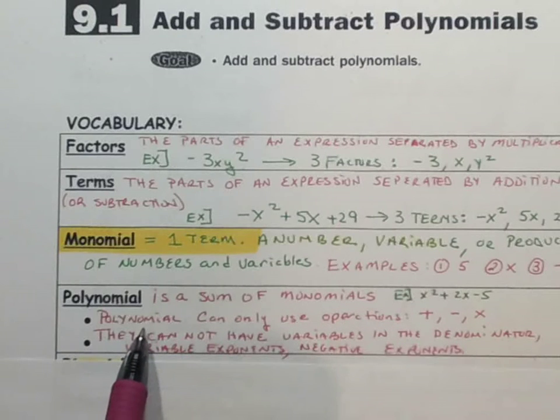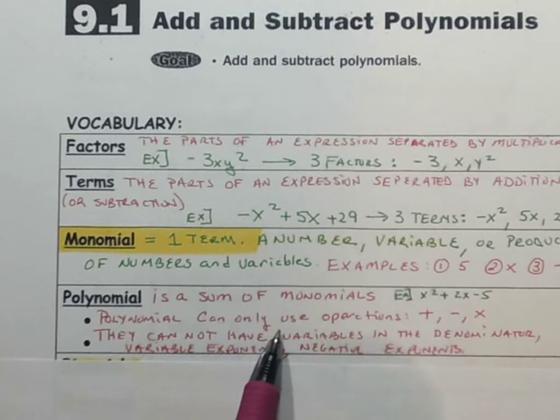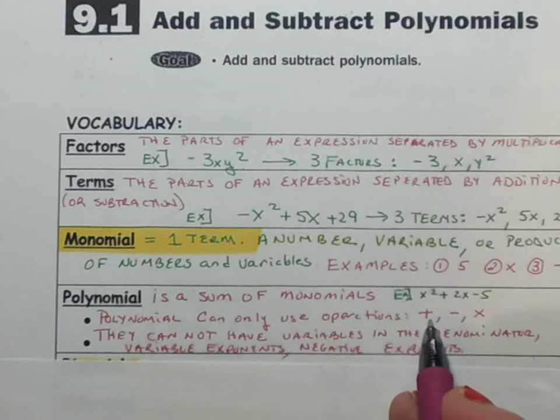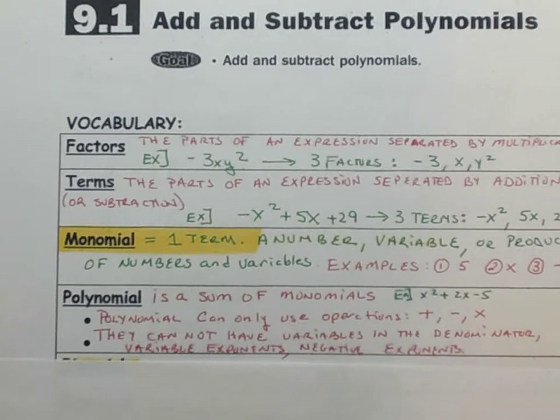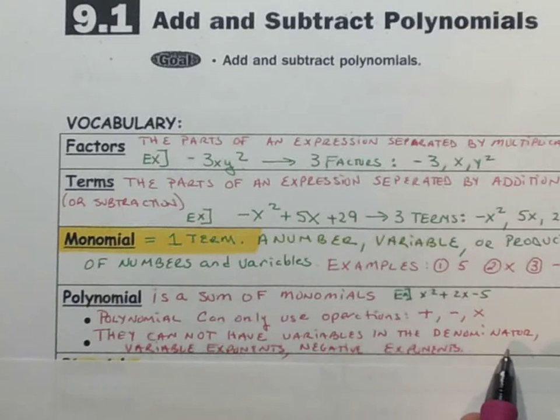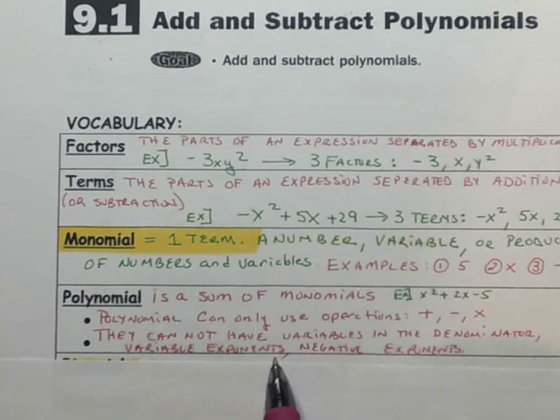So, what are the rules? A polynomial can only use operations of addition, subtraction, and multiplication. A polynomial cannot have variables in the denominator, variable exponents, and negative exponents. All right?